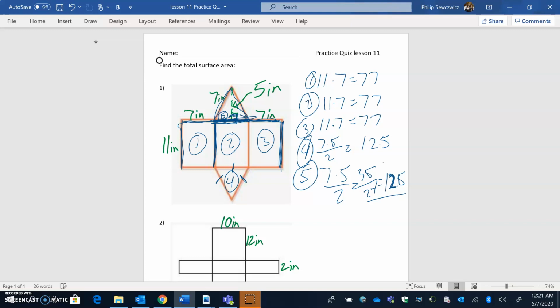Hope I said that before. If not, it is now. So yeah, we're just going to add them all up. So 12.5 plus 12.5 is going to give me a. Wait a second. No, not 12 and 5 tenths. 35 divided by 2, that is 17.5. So let me come on back here.